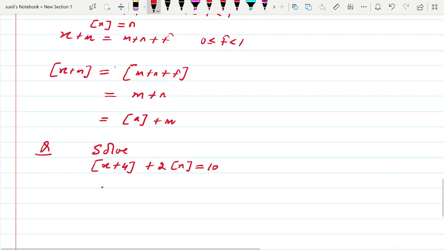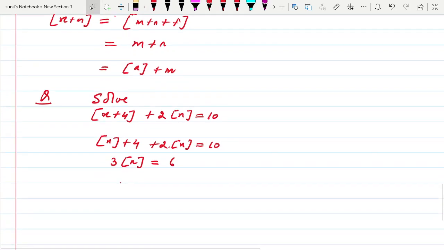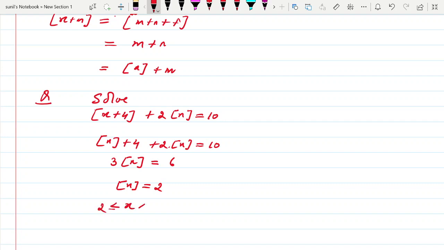Based on this property, it is bracket x plus 4 plus 2 times bracket x, so thrice bracket x is equal to 6. So bracket x is equal to 2. So what will you say about x? Now x is greater than or equal to 2 and less than 3. That is the solution, guys.